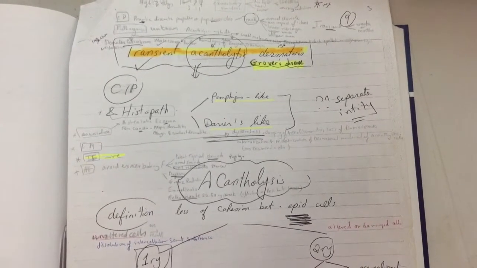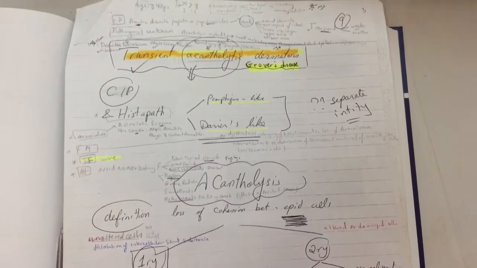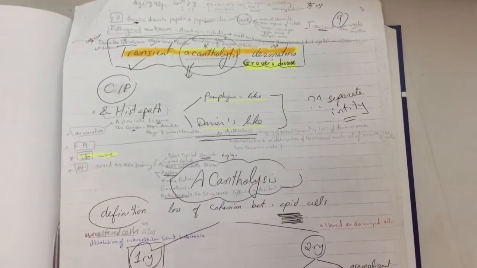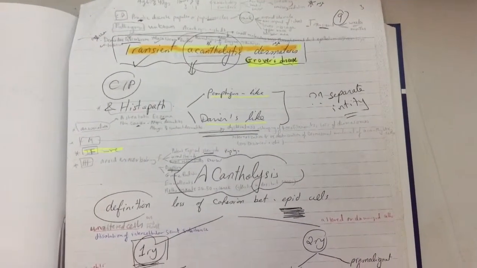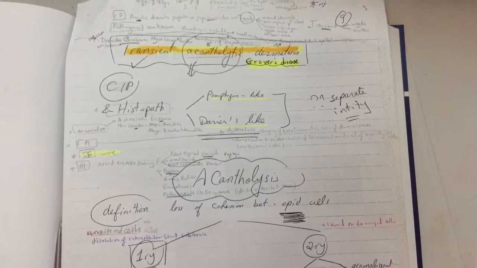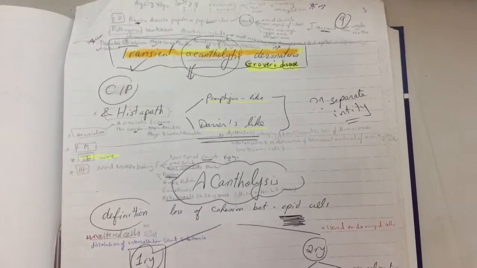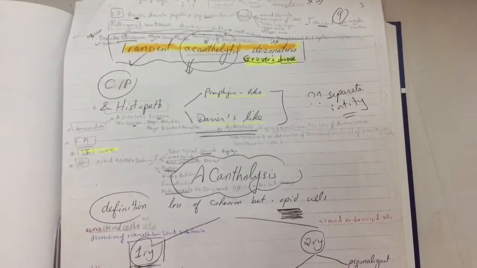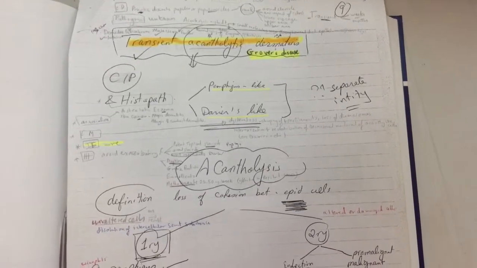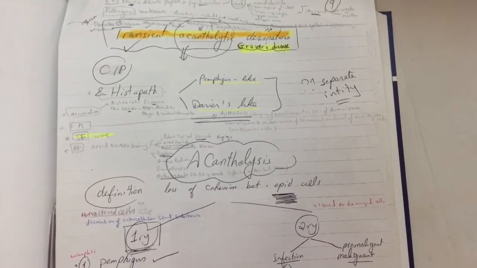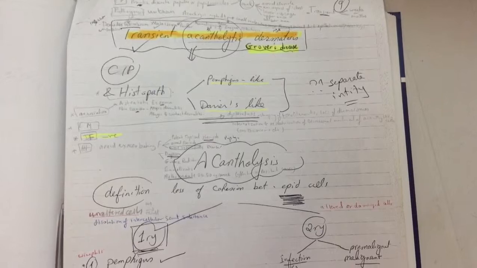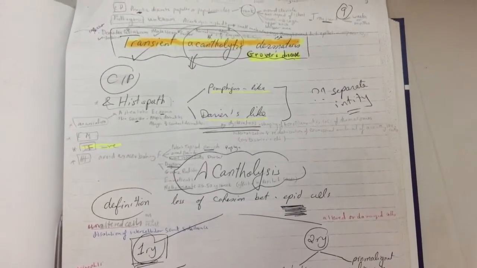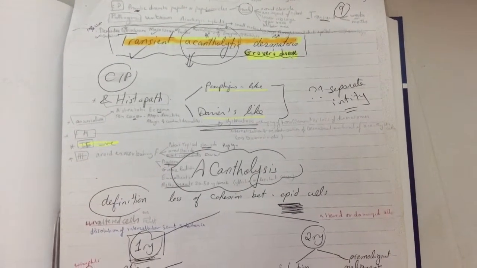The histopathology is either pemphigus-like or Darier-like, and sometimes it's associated with asteatotic eczema or skin cancer, atopic dermatitis, allergic and contact dermatitis. On electron microscopy there is some dyskeratosis, and direct immunofluorescence is negative.